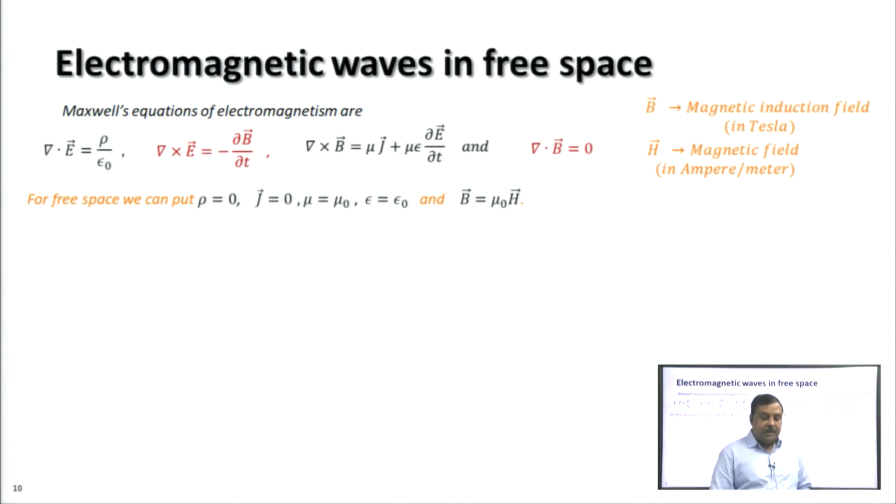For free space, we can put rho equal to 0, charge density 0, current density 0, mu can be replaced by mu 0, and epsilon can be replaced by epsilon 0 for free space, and B we can substitute as mu 0 H. Here H is magnetizing field or magnetic field which is in ampere per meter, and B is magnetic field or magnetic induction field in Tesla.